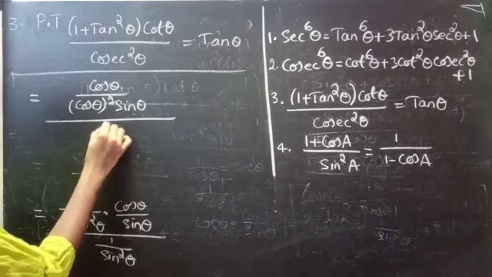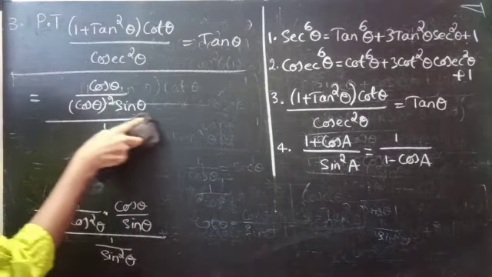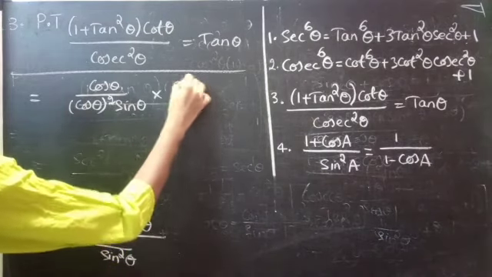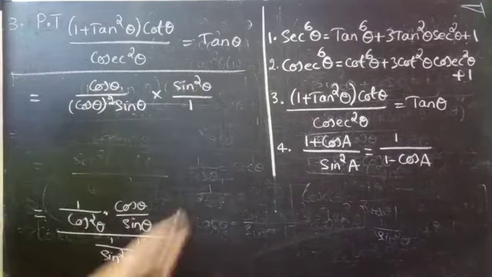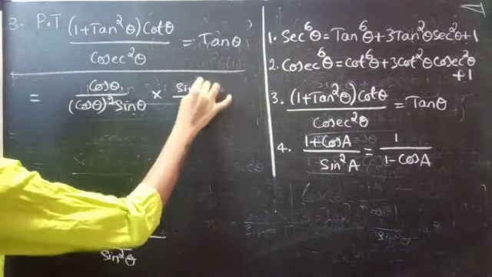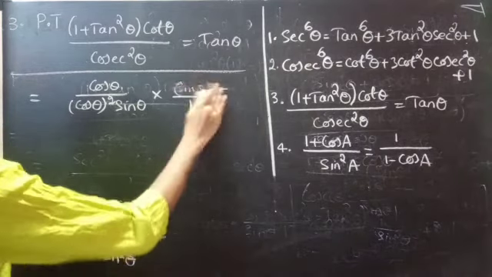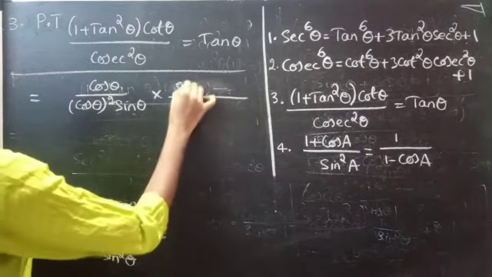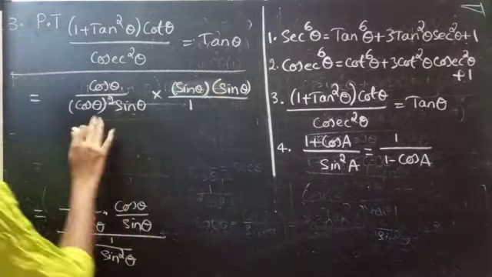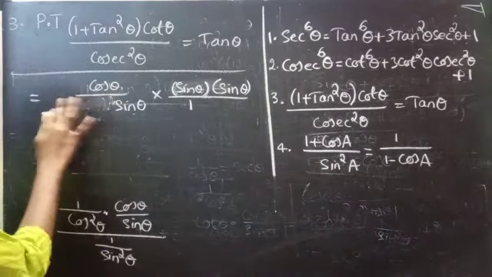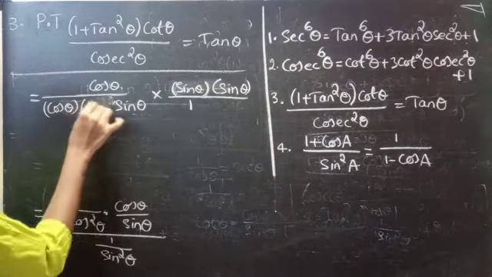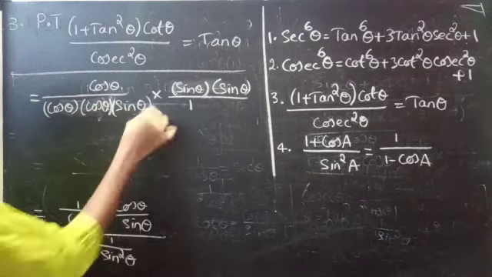Divided by, or we can write it as into sin square theta by 1. Okay. So sin square theta can be written as sin theta whole square, which can also be written as sin theta into sin theta, and here cos theta whole square can be written as cos theta into cos theta, just for our convenience.